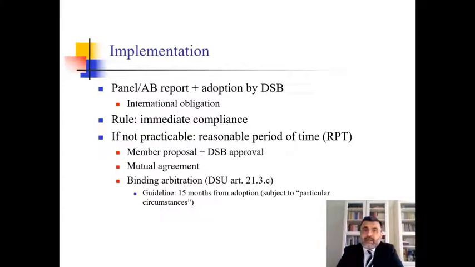Either the parties will agree or the DSB is going to decide, or the matter is going to be referred to arbitration. In other words, if the parties cannot agree, then an arbitrator functioning under Article 21.3(c) of the DSU will decide the length of the RPT, the reasonable period of time.